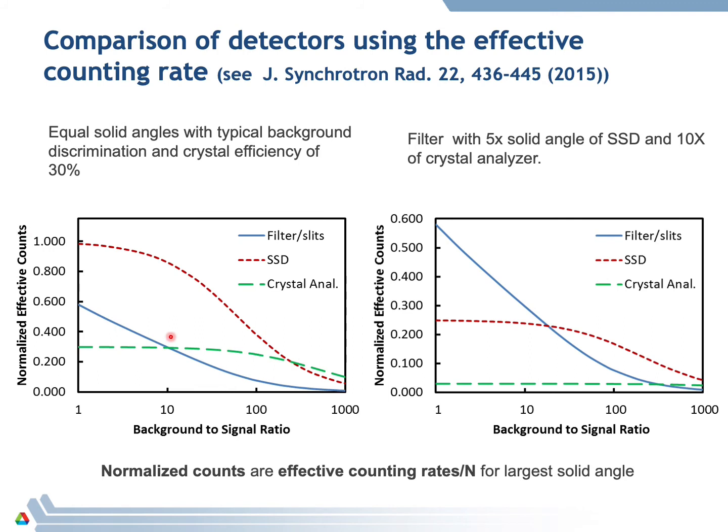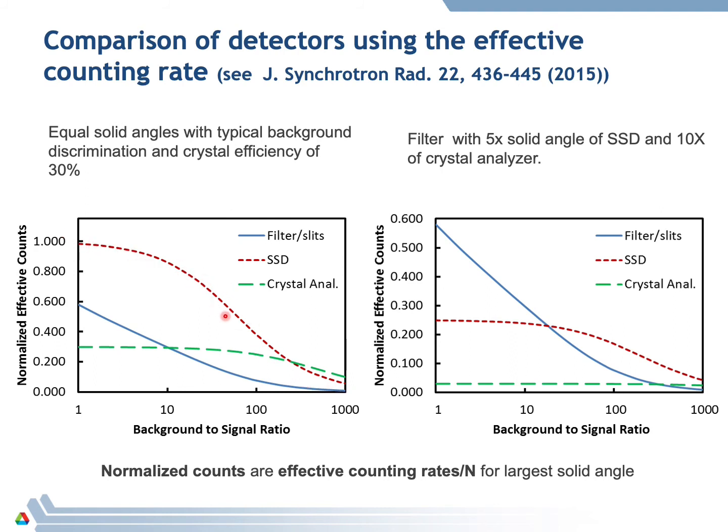What I've done is I've normalized the effective counts to the signal to noise you'd have if you had a perfect detector. So if it's 1, that means it's perfect. A solid state detector, when the background is low, pretty much has perfect discrimination of the background, and you'll get the full possible counting rate. As the background increases, there'll be some overlap.